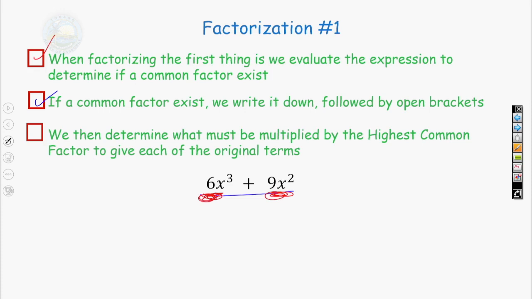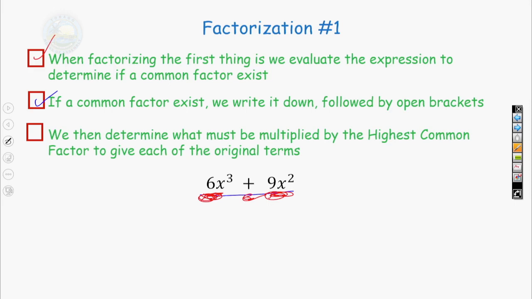And the sign operation that comes between your terms is given to the term that comes after. So this is positive 9x squared, positive 6x cubed.